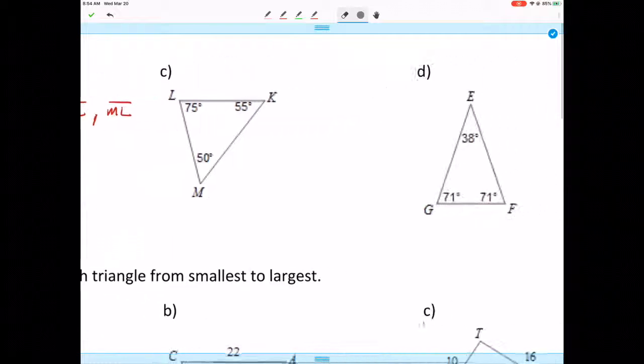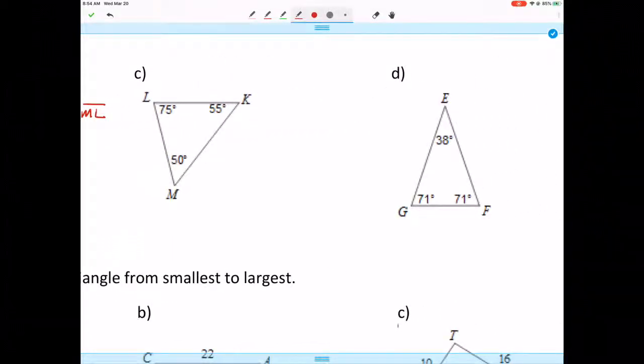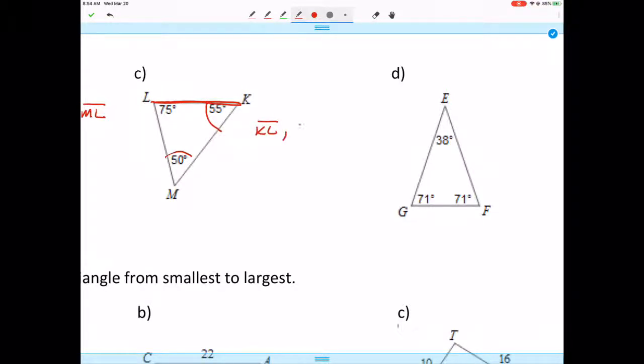Okay, all right, next one. Here, smallest is 50, so we're going to look at the side across that angle. We'll do KL would be our smallest side. Our next would be the 55, which gives us LM. And again, the order of those letters doesn't matter. And then the last one would be 75, which gives the largest side, which is KM.